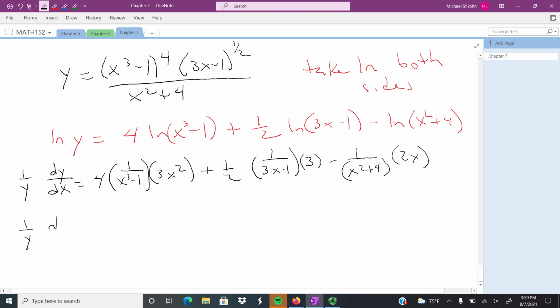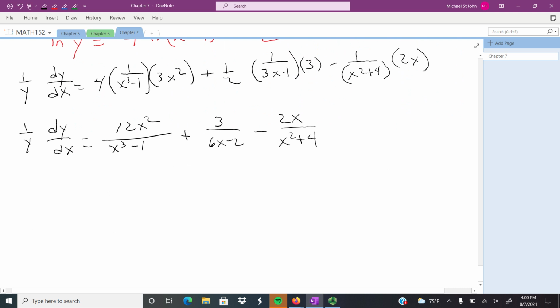So 1 over y dy dx, and this is going to give us 12x squared over (x cubed minus 1) plus 3 over (6x minus 2) minus 2x over (x squared plus 4).